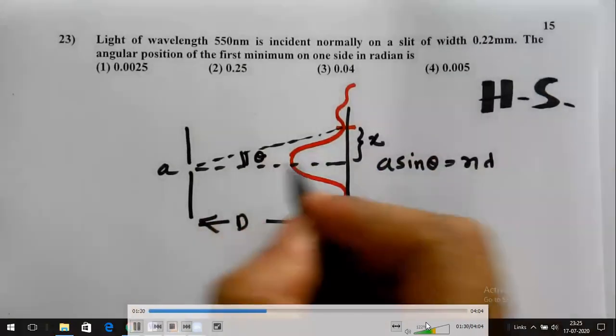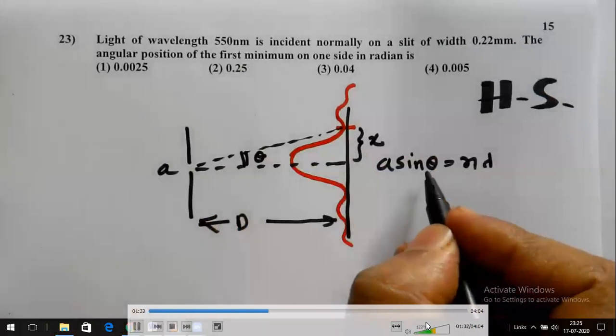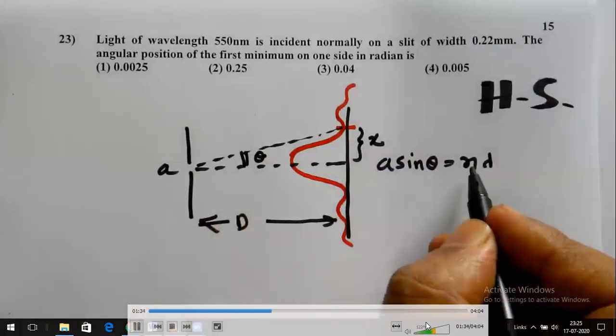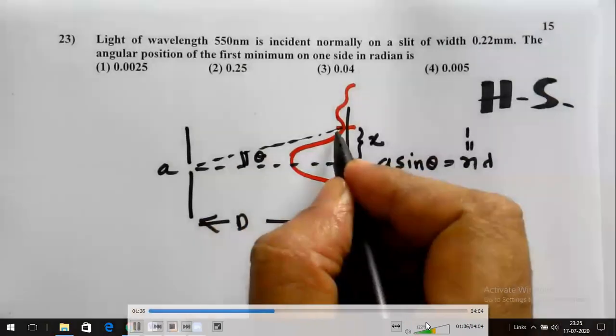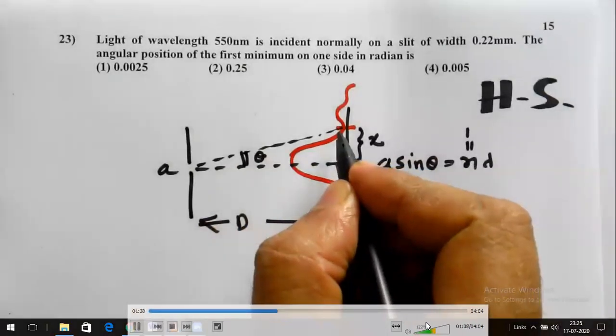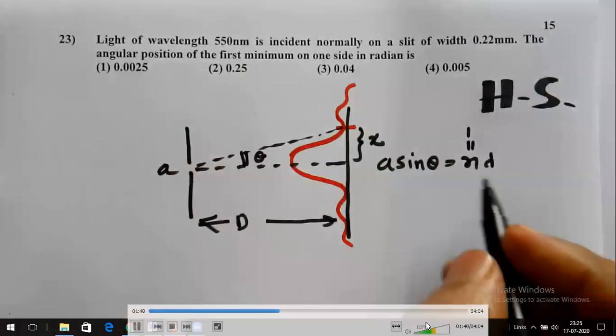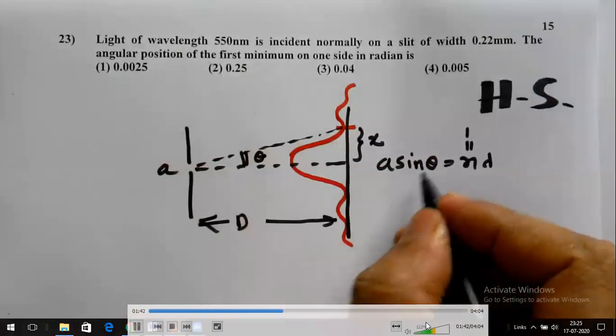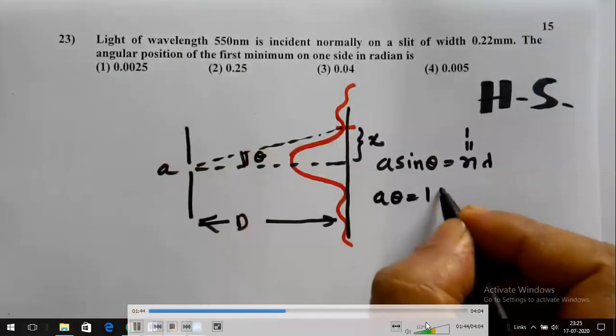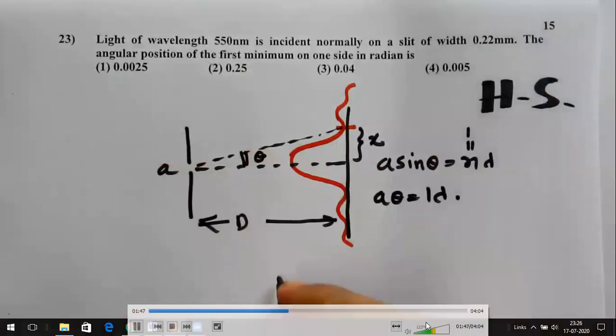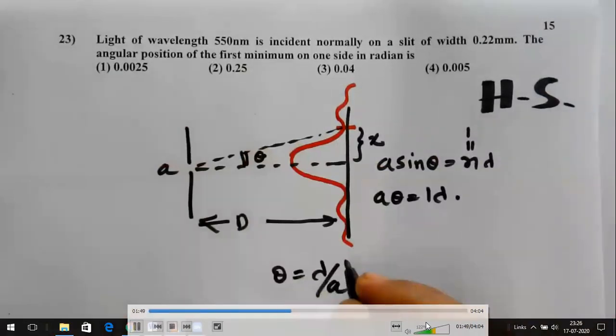Now, when theta is very small, sin theta can be taken as almost equal to theta. And since n is equal to 1, since it is the first minima that you are finding, because the angular position of the first minimum, so substitute n equal to 1, and theta is very small, a theta is equal to 1 lambda, and you can write theta is equal to lambda by a.